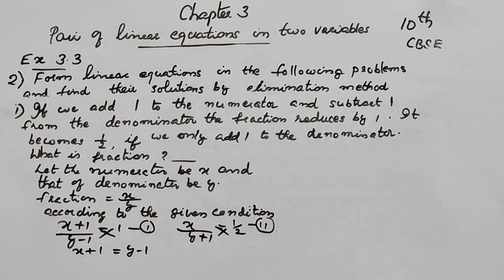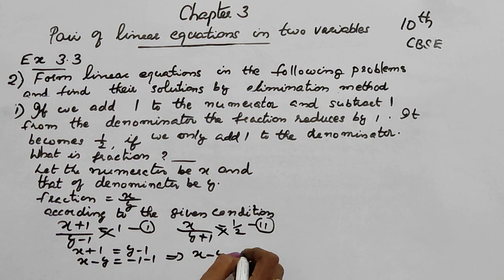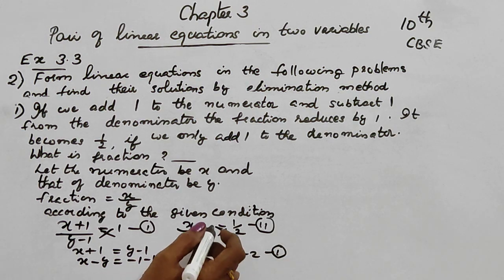So it becomes x minus y is equal to minus 1. Bring this plus 1 to this side, then it becomes minus 1. x minus y equals minus 2. This is the first equation.